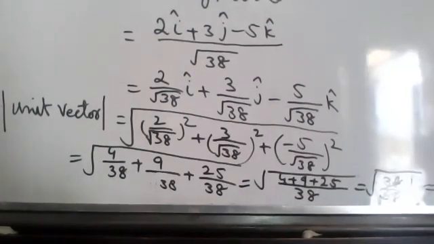If we are adding two vectors, A and B, the i component will be added with the i component, the j component with the j component, and the k component with the k component. Just remember, this is the way to find the sum of two, three or four vectors.